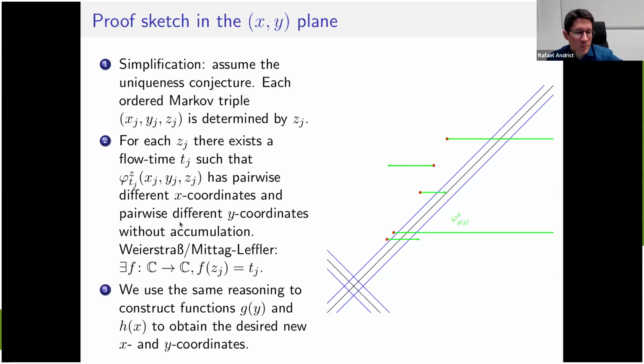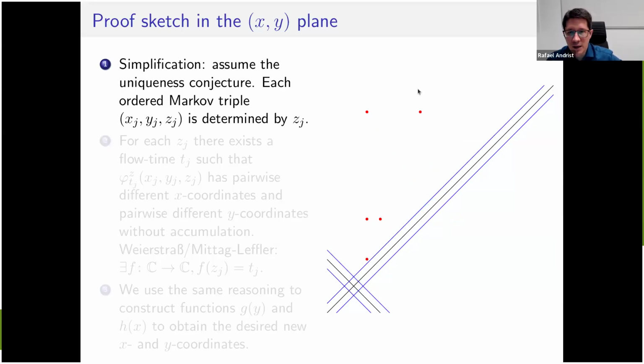But the main issue is to avoid accumulation of the coordinates. If you go back here, these points, there are infinitely many with the same x coordinate, and of course now the same happens for all the other coordinates as well.